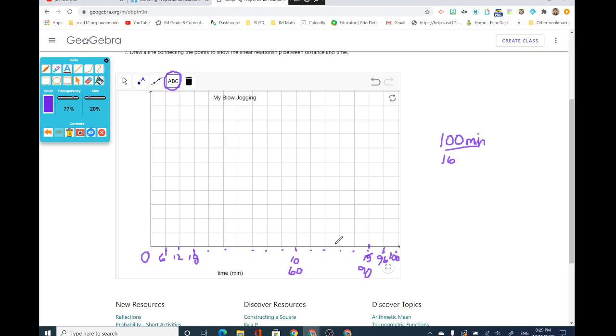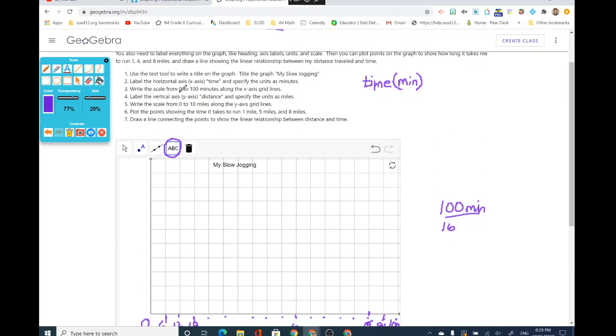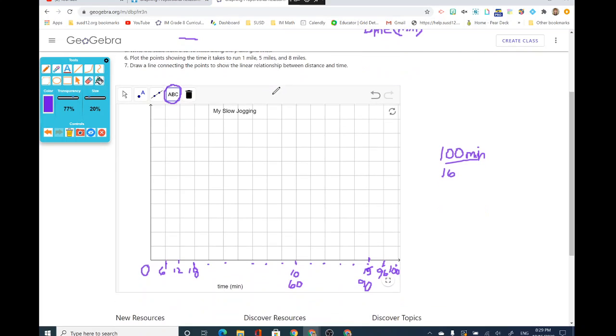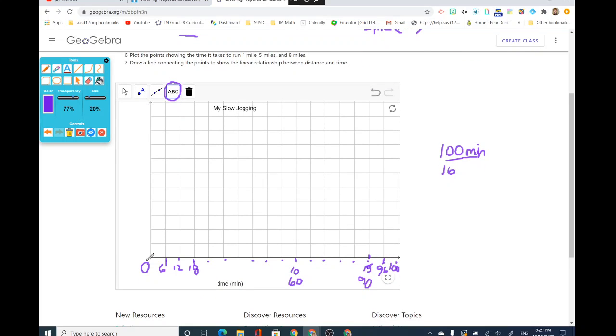And how did I decide to make this scale? Well, the directions told me write the scale from 0 to 100 minutes along the x-axis grid lines. So this needs to go from 0 to 100 minutes. So how much is each one of these points going to be worth?